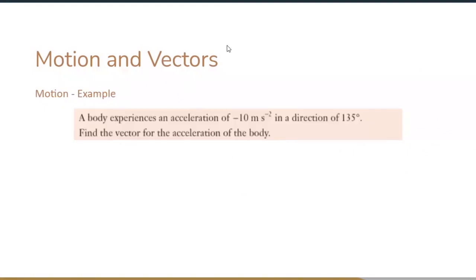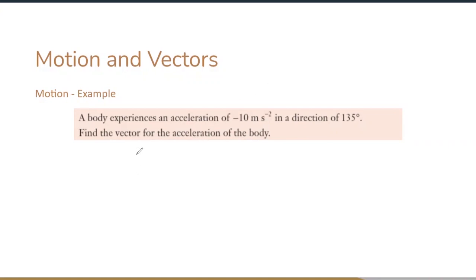A body experiences an acceleration of -10 meters per second in a direction of 135 degrees. Find the vector for the acceleration of the body. Here we've been given a magnitude and a direction in terms of an angle, so it's best to represent it using that previous format, where we had our r cos theta and our r sine theta.